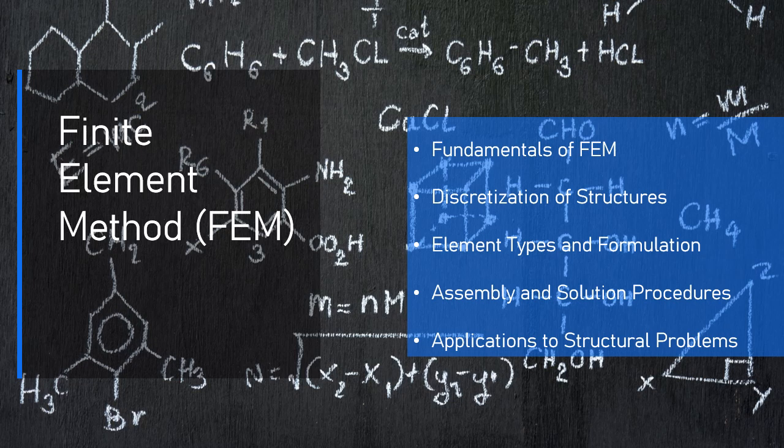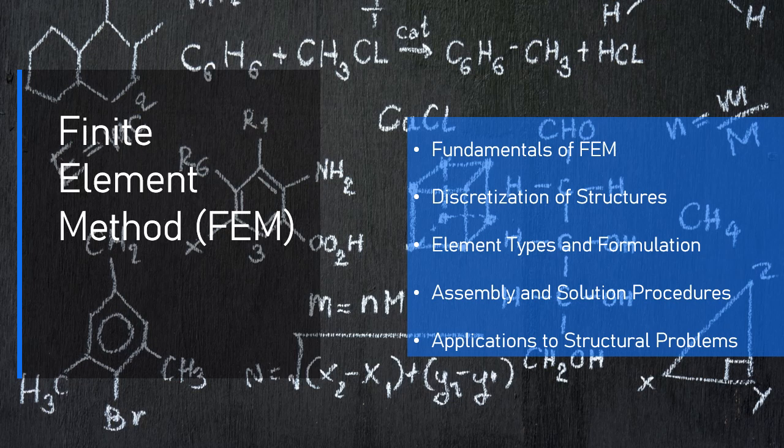This step is critical because it transforms a complex continuous problem into a system of smaller, more manageable problems. Through discretization, we approximate the behavior of a structure, and this approximation improves as the number of elements increases.